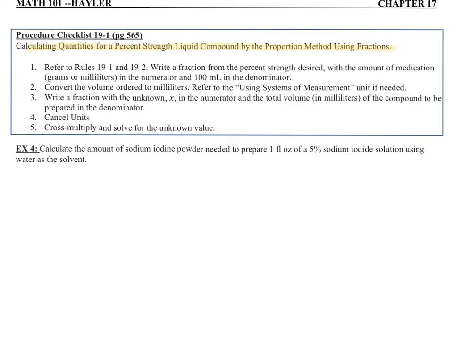Write a fraction from the percent strength desired with the amount of medication in the numerator and 100 milliliters in the denominator. Then convert the volume ordered to milliliters. Then write a fraction with the unknown x in the numerator and the total volume in the denominator, as we have done before when solving proportions. Step 4, cancel any units, and finally solve for the unknown value.